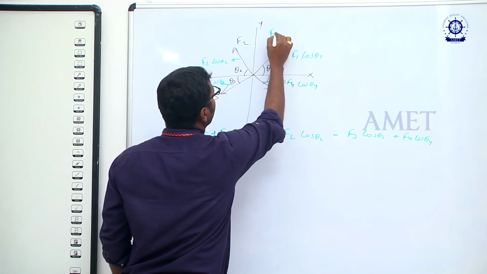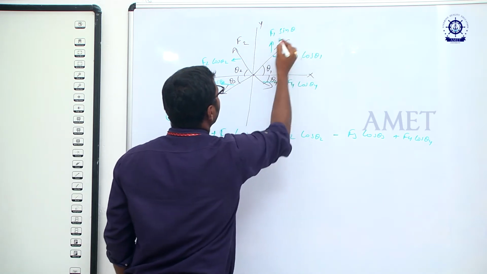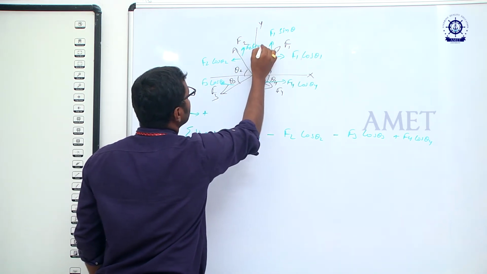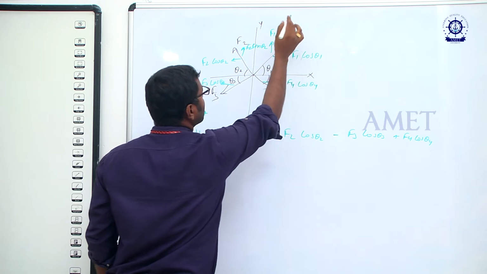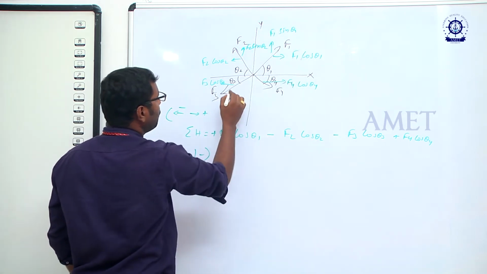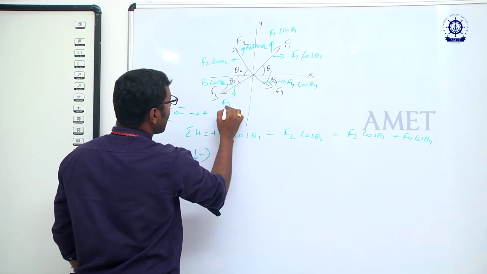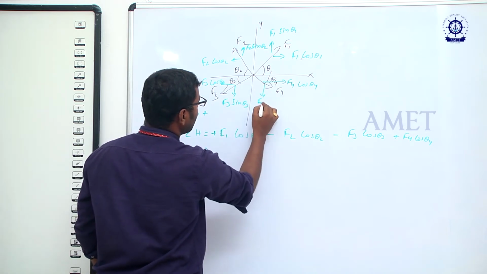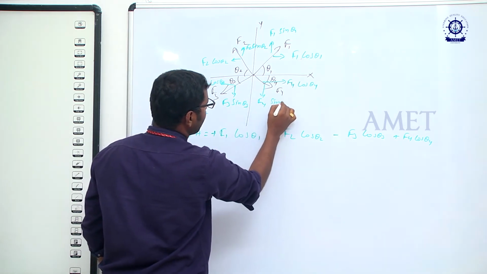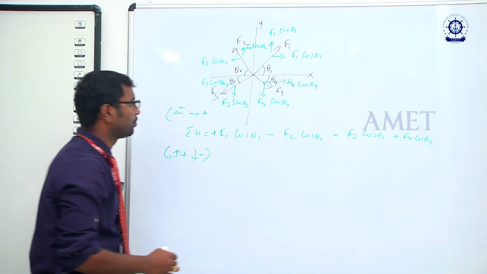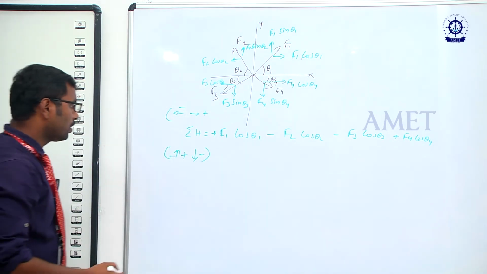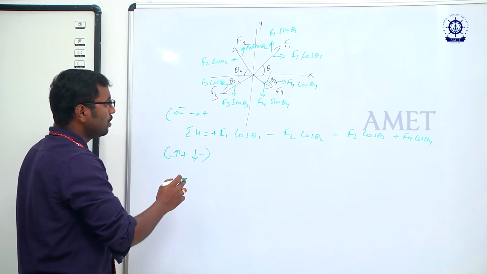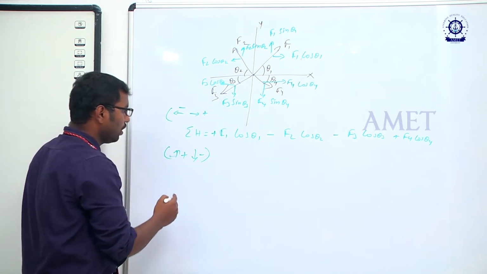So this is F1 sin theta 1 and this one F2 sin theta 2, this is F3 sin theta 3 and this one F4 sin theta 4. Having said that, we need to follow this procedure while adding these vertical components.